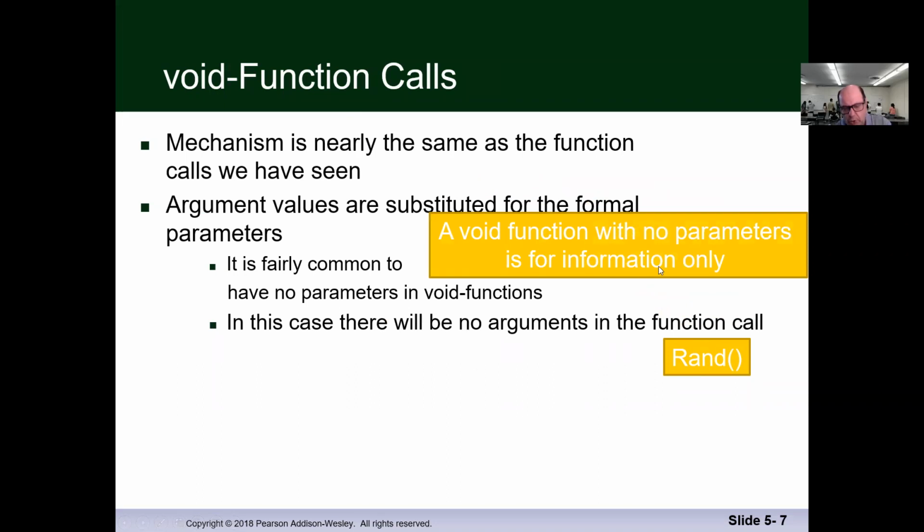This is for information only. Remember, our functions are going to do one thing and one thing only. So if nothing is going into my function and nothing is coming out of it, the only thing this function can do is display some messages on the screen. When you play a game, at the beginning it's going to display some rules and things that you need to do. It's going to explain about the game.